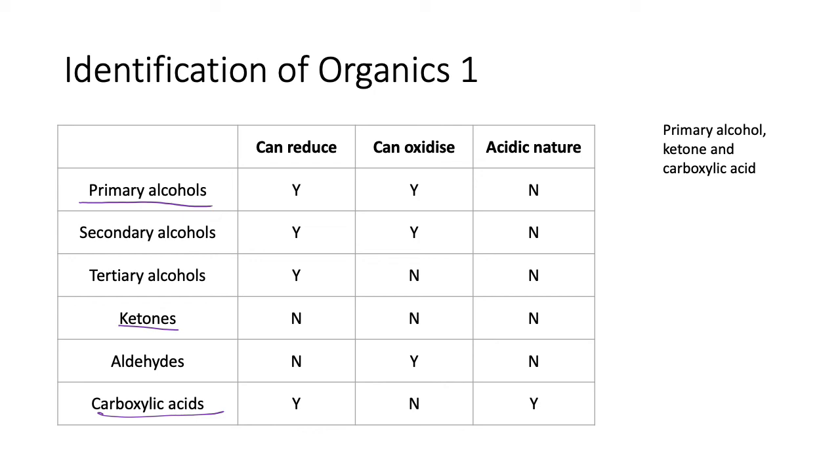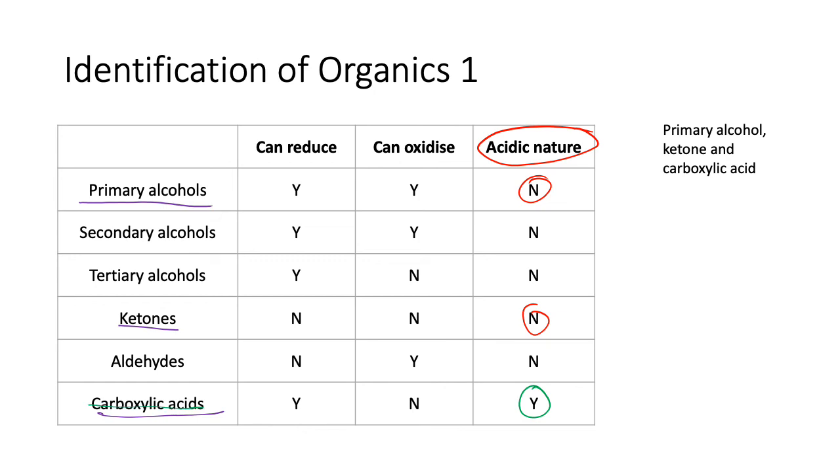Well, actually, first of all, you really should just do all three of them and then look at the pattern. But if you wanted to do a couple of tests to save some time, you could first look at acidic nature. Primary alcohols are no, ketones are no, but carboxylic acids are a yes. So that will differentiate them, and you will eliminate the carboxylic acids.